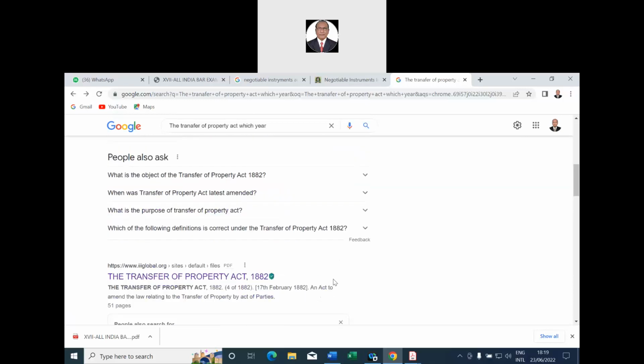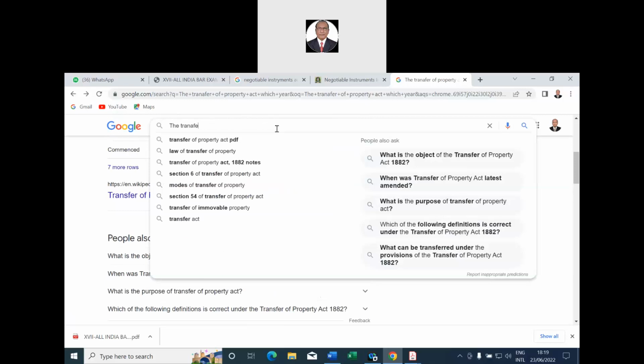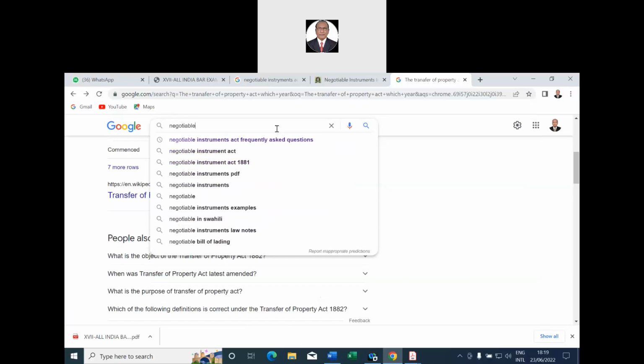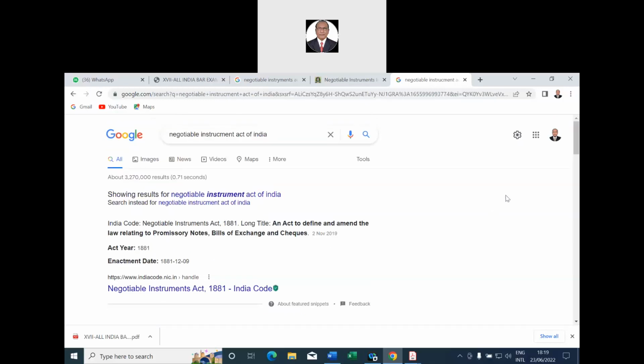So when the matter comes to the negotiable instrument, in which year was it passed? The Negotiable Instruments Act of India. The Negotiable Instruments Act is 1881, and the long title is an act to define and amend the law relating to promissory notes, bills of exchange, and checks.